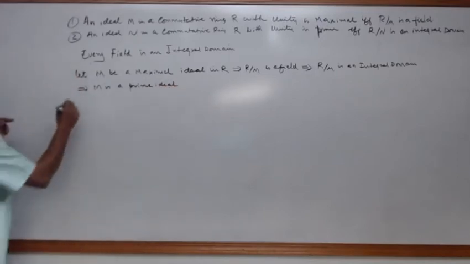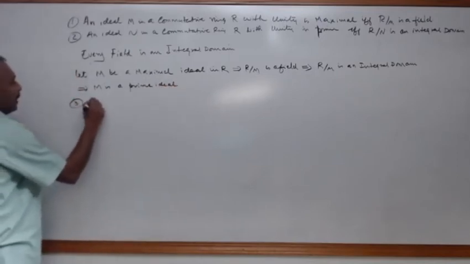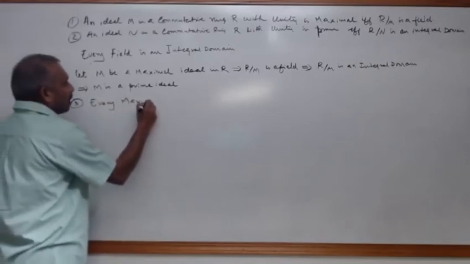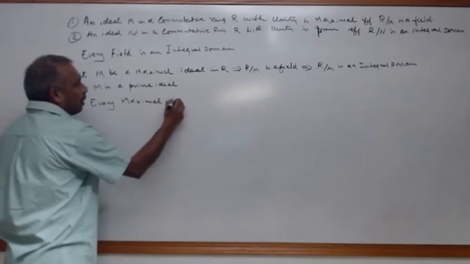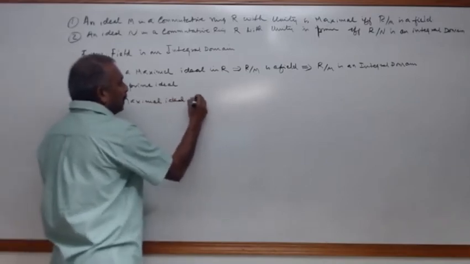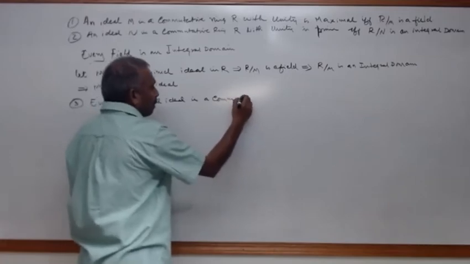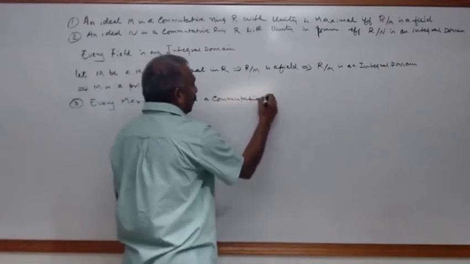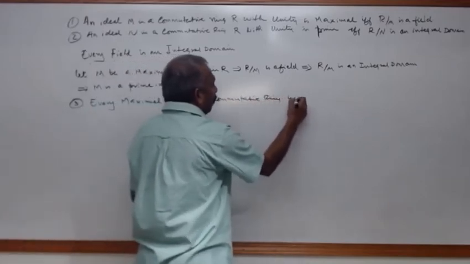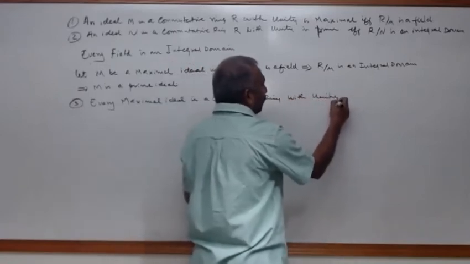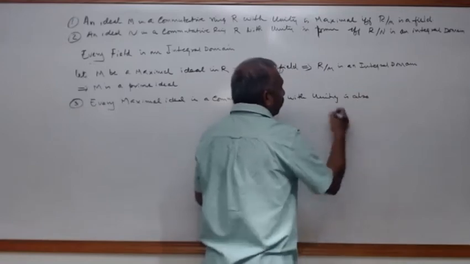So the third result is: every maximal ideal in a commutative ring with unity is also prime.